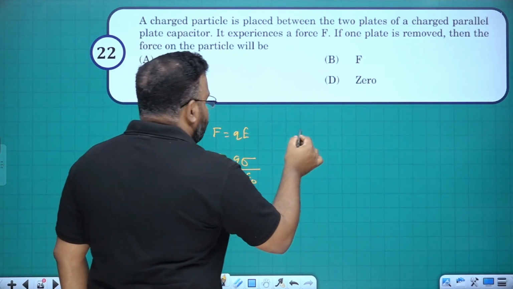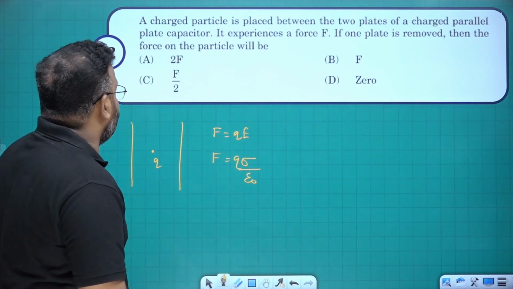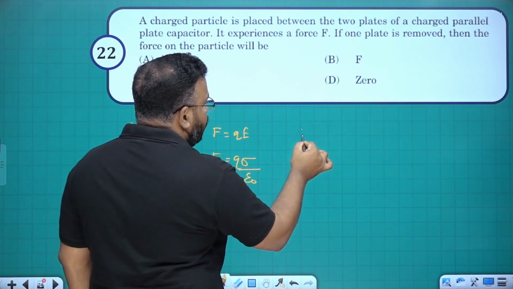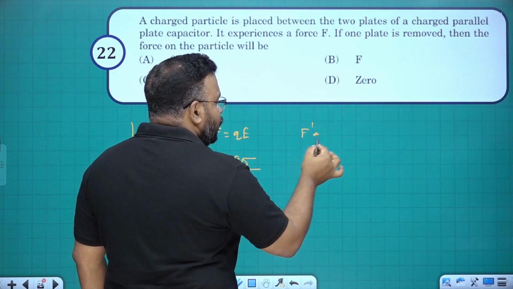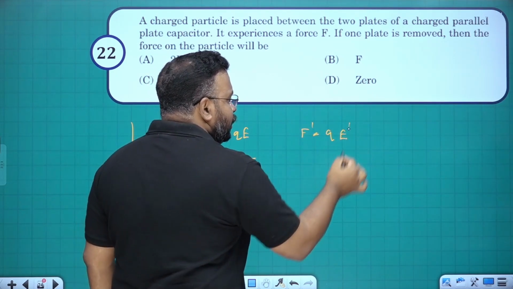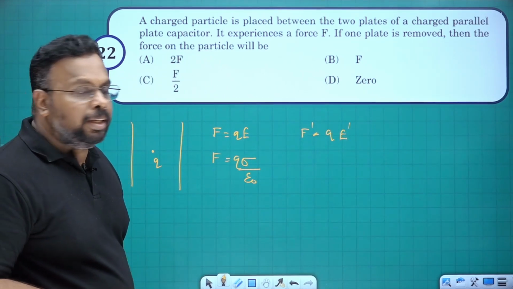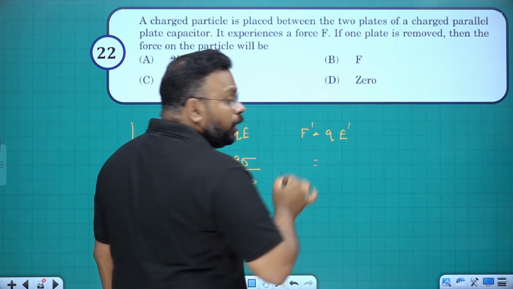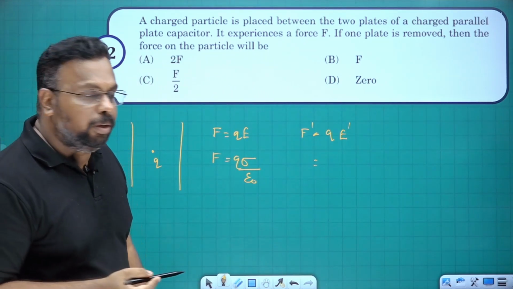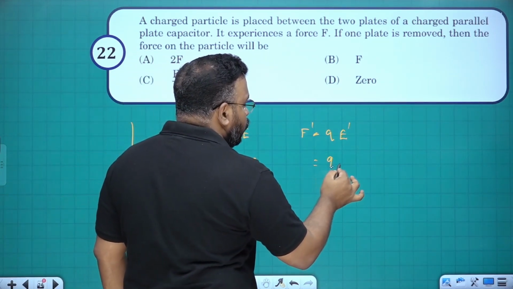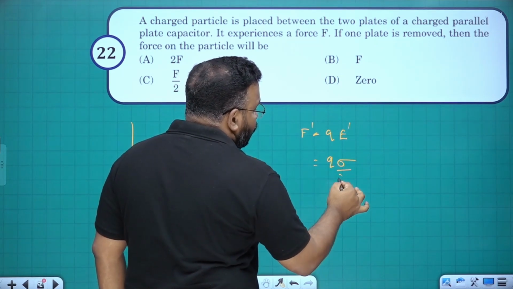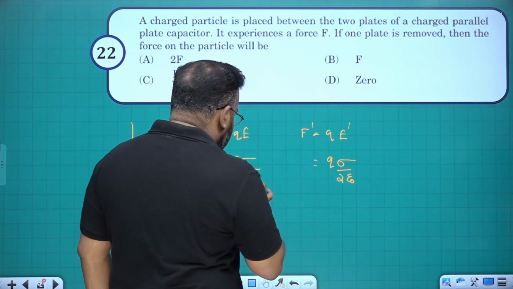Now, if one plate is removed, the electric field will change. We can write it as QE dash. If only one plate is there, what is the formula for electric field? Do you remember? It is sigma by 2 epsilon naught. So what is sigma?